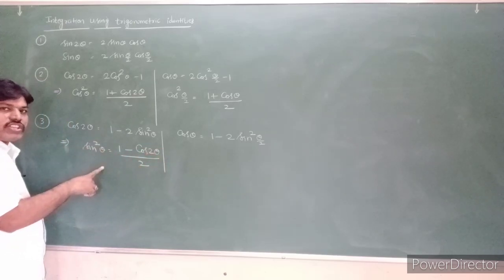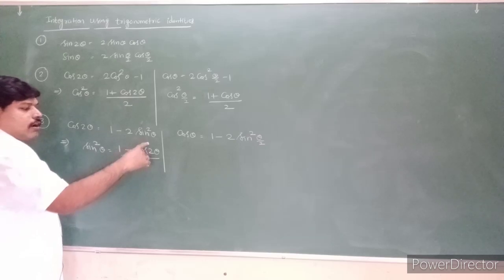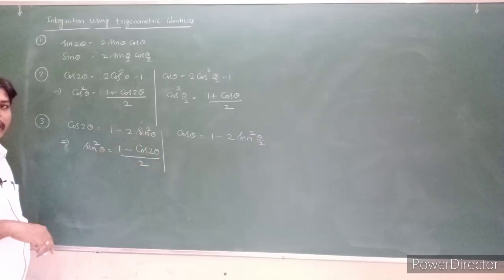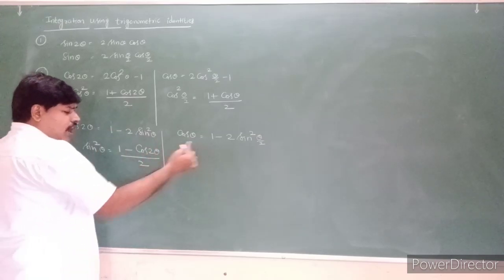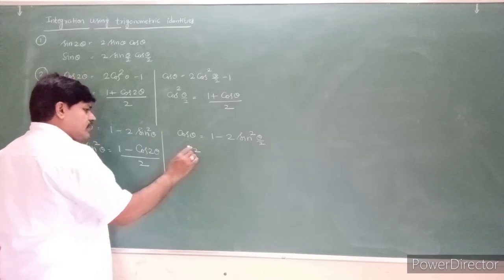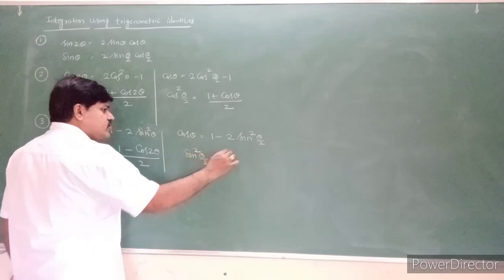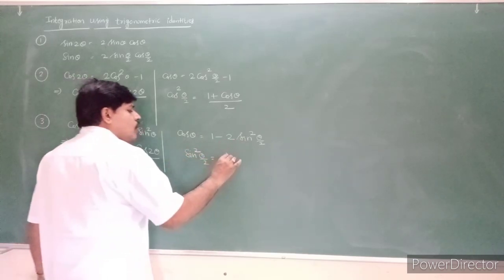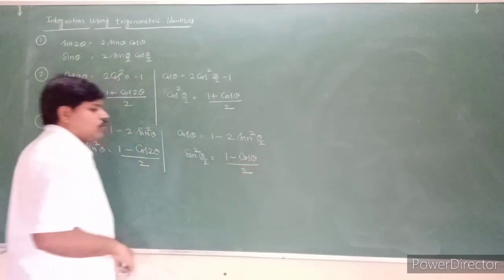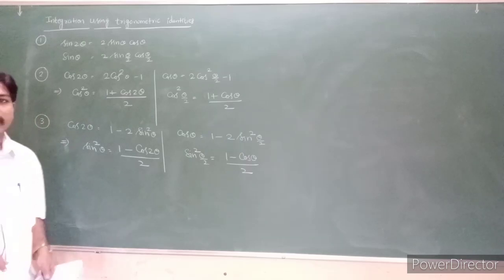This is the half angle formula. So sin square theta by 2 is equal to 1 minus cos theta by 2.